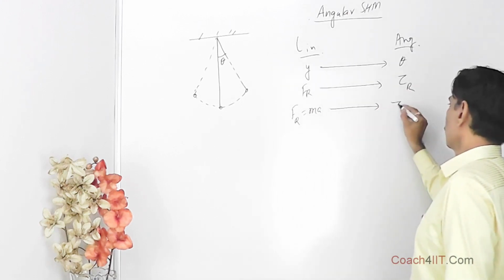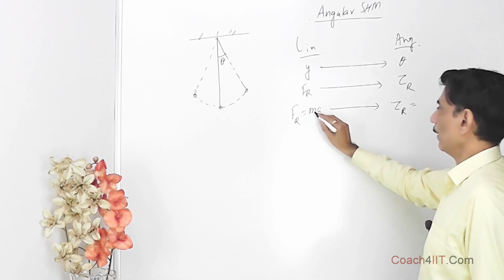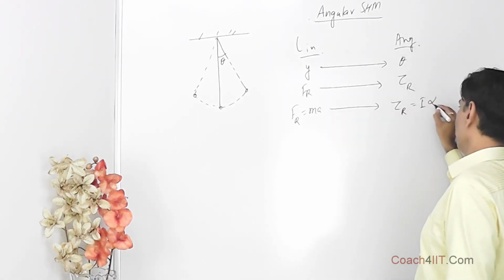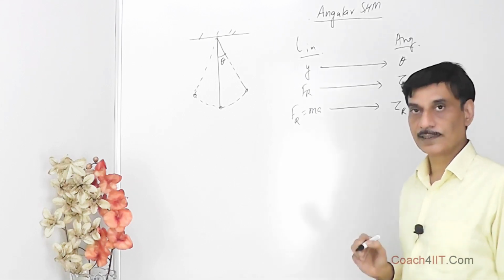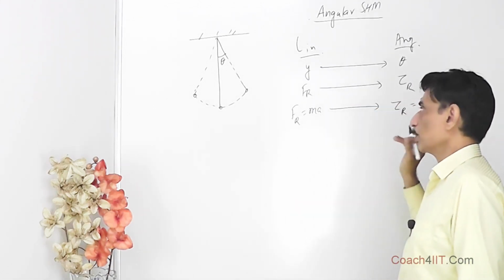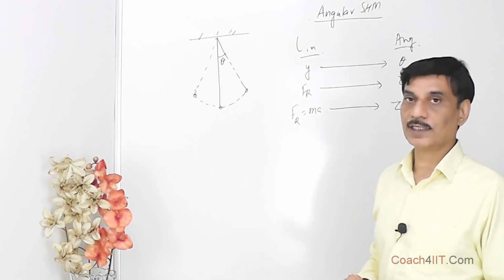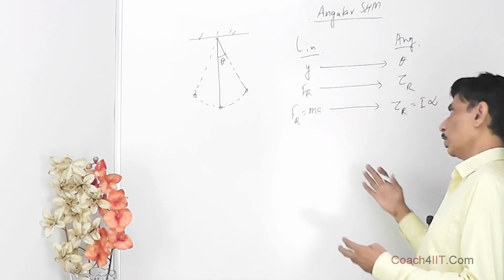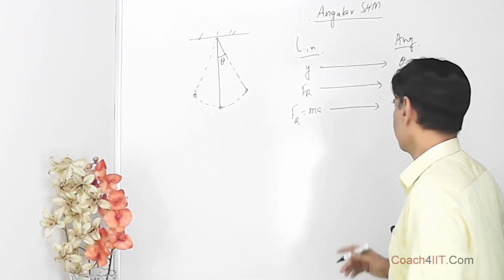Over here you put the restoring torque equal to I, analogous to mass is I, analogous to a is alpha. We have done it time and again in rotational mechanics. If there is some confusion, you wish to revise it, you can revisit those lectures, and once you are thorough with this, you can come over here, or if you wish to continue, you can continue here also. That is not an issue.